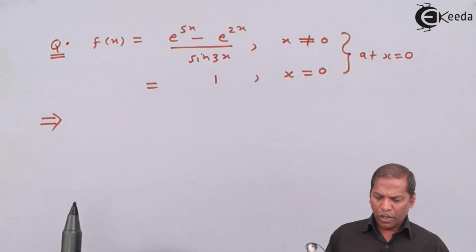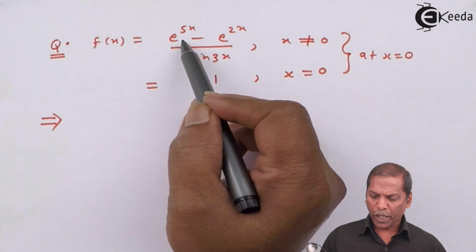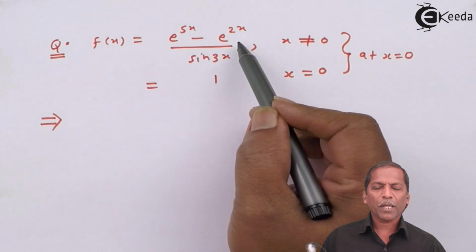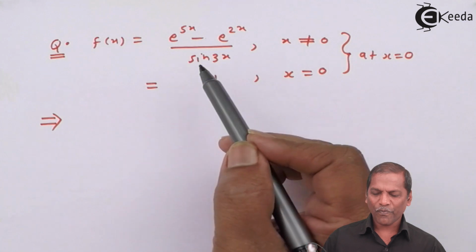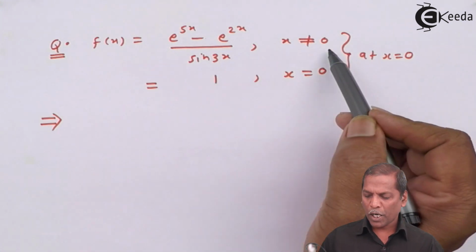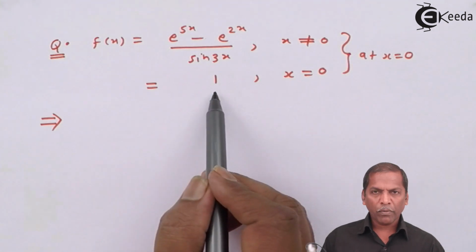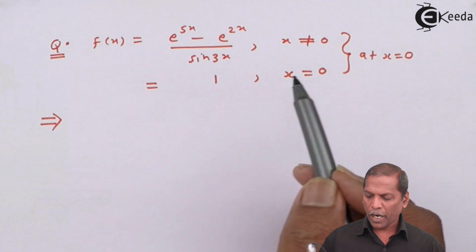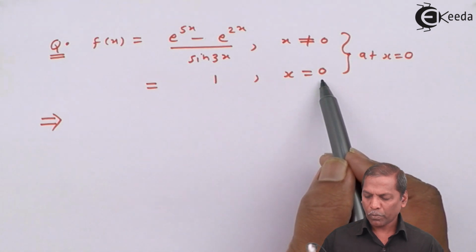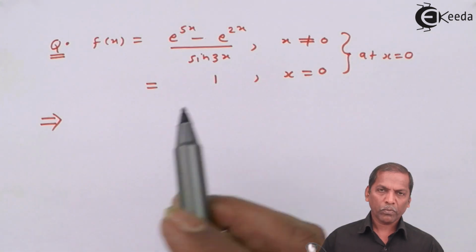The problem is f(x) equal to (e^5x minus e^2x) upon sin 3x, for x not equal to 0, and equal to 1 for x equal to 0, at x equal to 0.